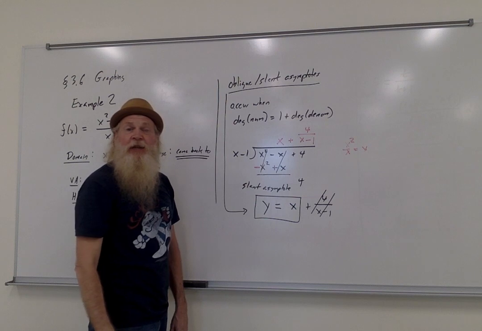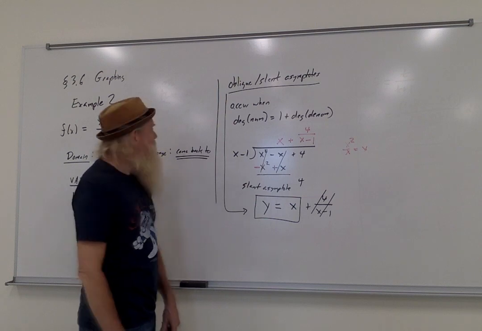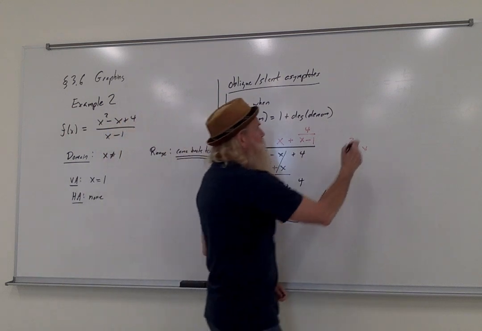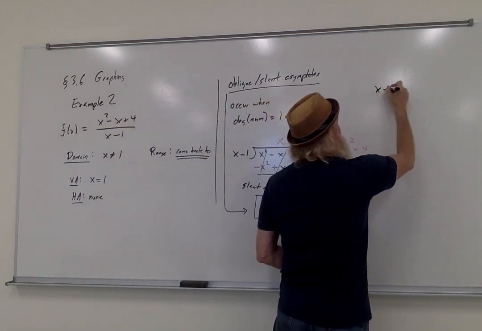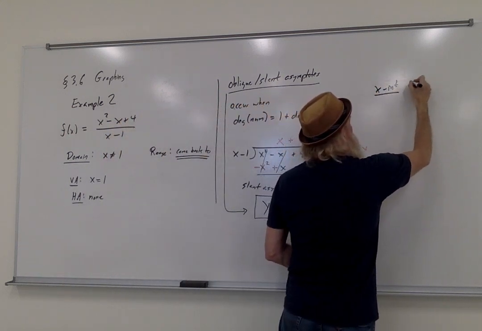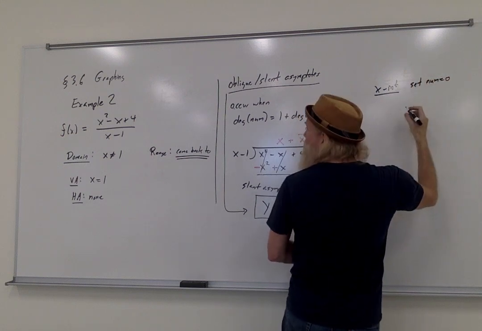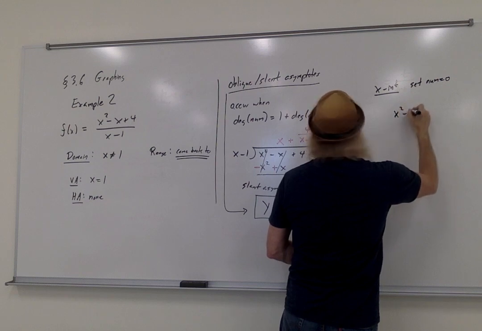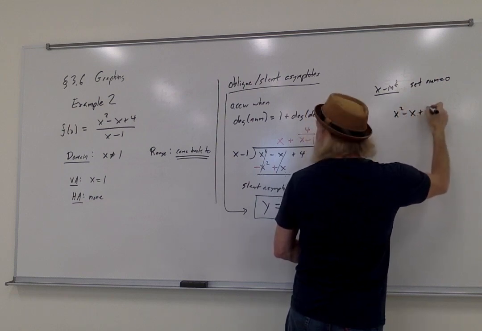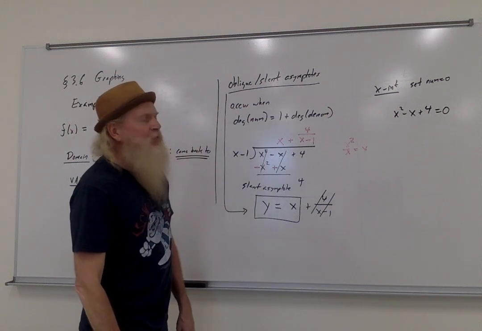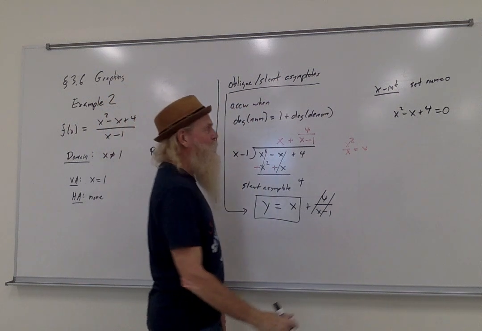And then the remaining information we can get using pre-cal is the x and y intercepts. So to get the x-intercepts, we're going to set the numerator equal to 0. So that's x squared minus x plus 4 equals 0. We can't solve that by factoring, so let's use the quadratic formula.